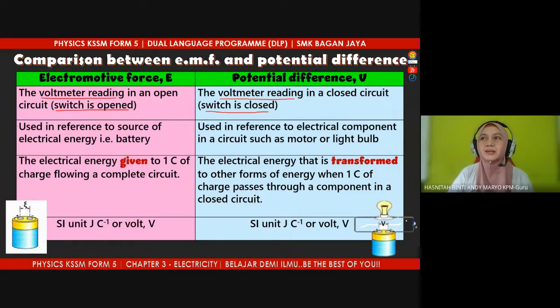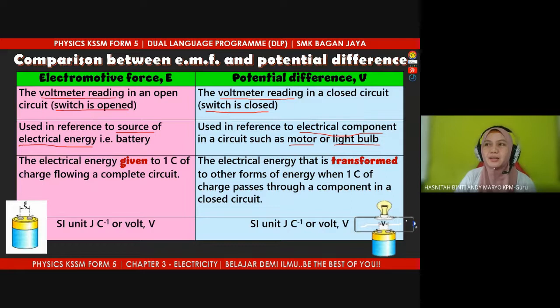Second, EMF is used in reference to the source of electrical energy supplied by the battery. Meanwhile, potential difference is used in reference to an electrical component in a circuit, such as a motor or light bulb, or any electrical devices as I mentioned just now.